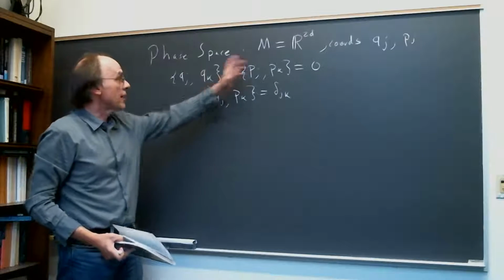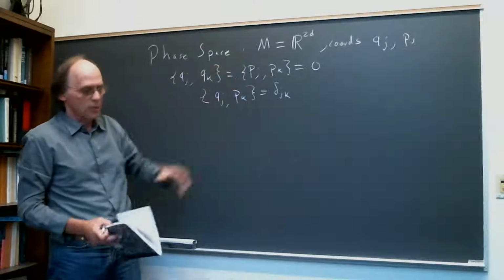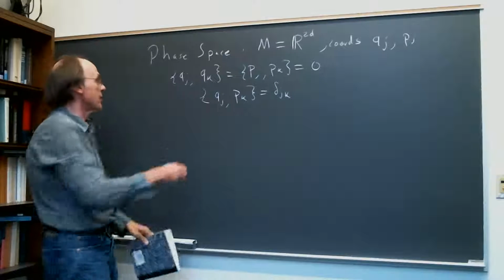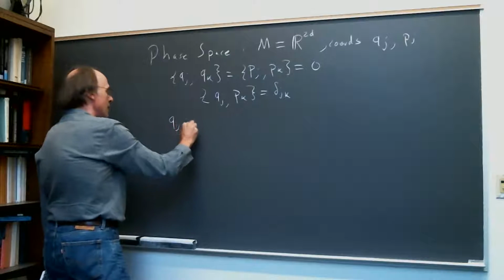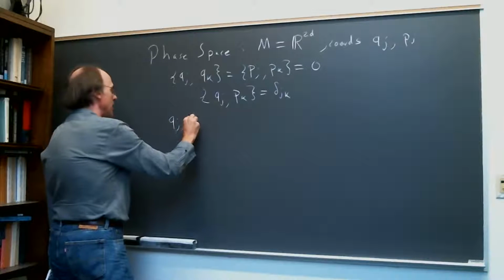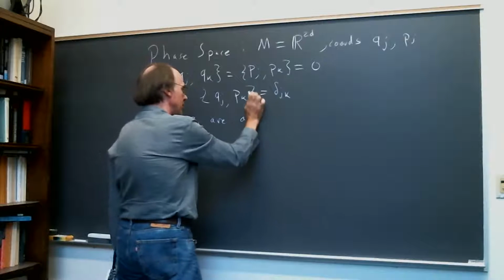You should think of this as an interesting variant on an inner product. The Q_j and P_j are a basis.